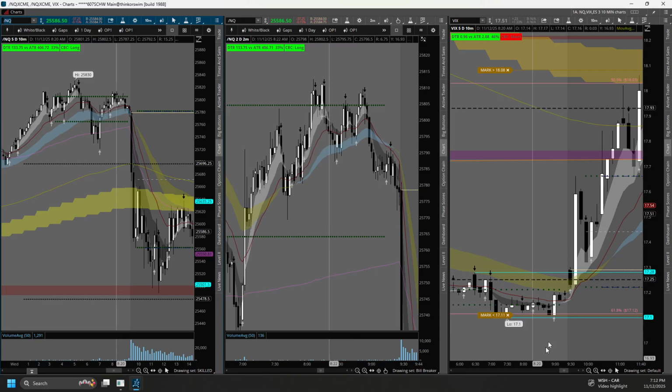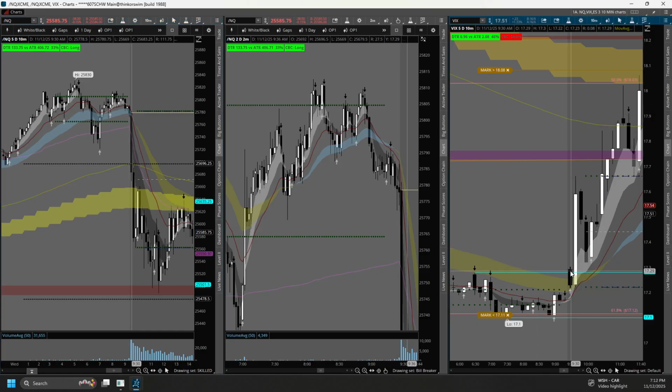VIX had a pretty powerful move holding the pre-market low. So pre-market low holds, pre-market high is holding. You could basically just risk this area here with any sort of short. But it breaks over and it holds and bases on the 20 EMA, flips, and then when the candle finally opens, it's later than 9:30 usually. It's already started to move back down, so you have a little VIX pop, it holds, and then you really get the pop.